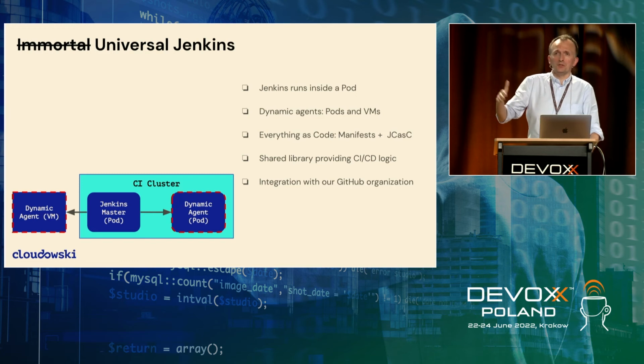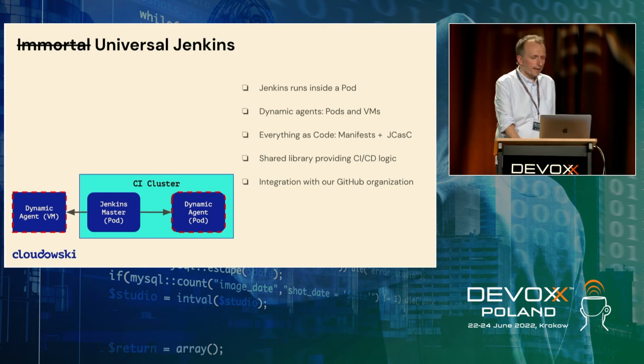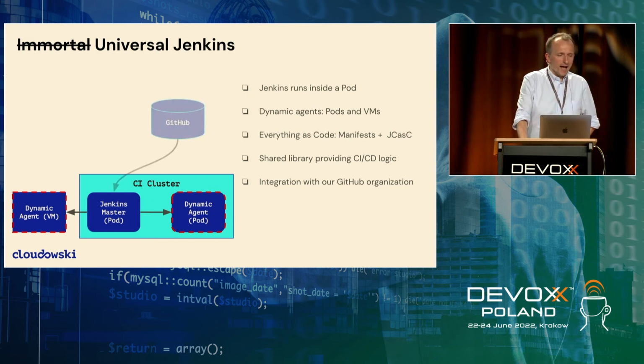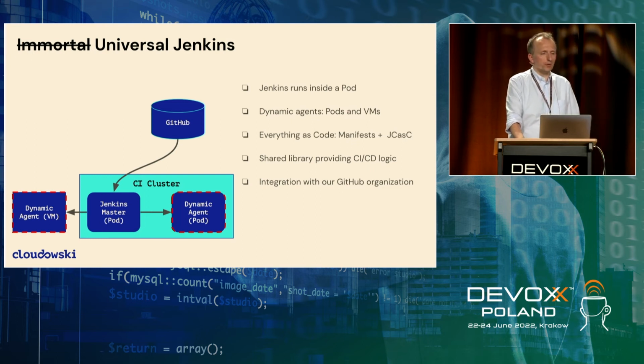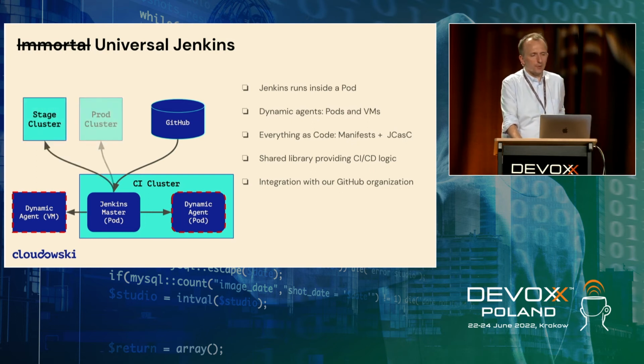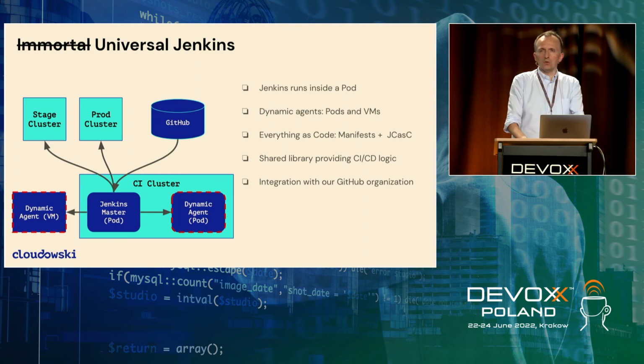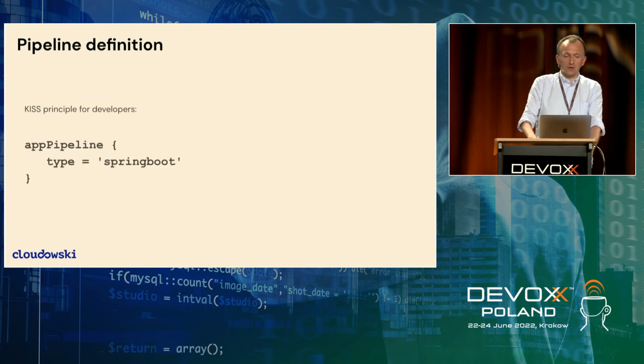Whenever we start it in the morning, we just destroy it in the evening. Of course, it is done automatically by Jenkins. Of course, Jenkins manages or auto-discovers our repositories, because we use GitHub. We have our own dedicated GitHub organization. And of course, Jenkins, like you noticed before, is responsible for the deployment of our apps.